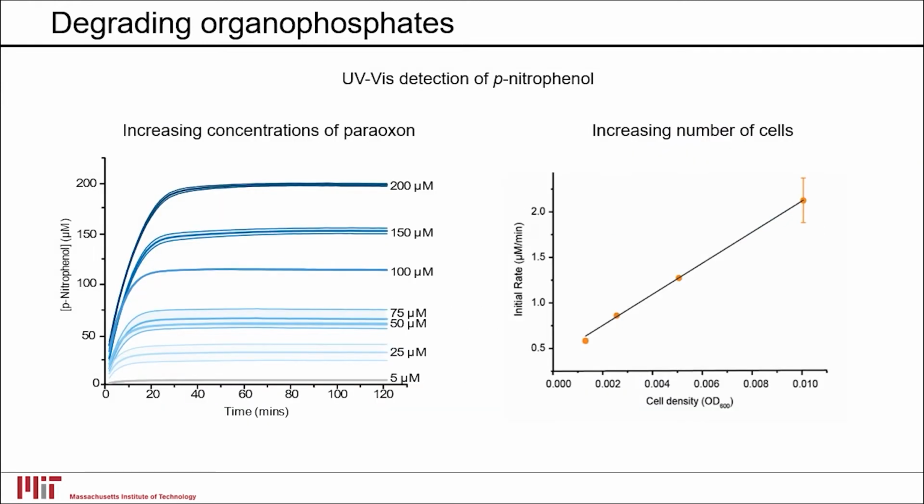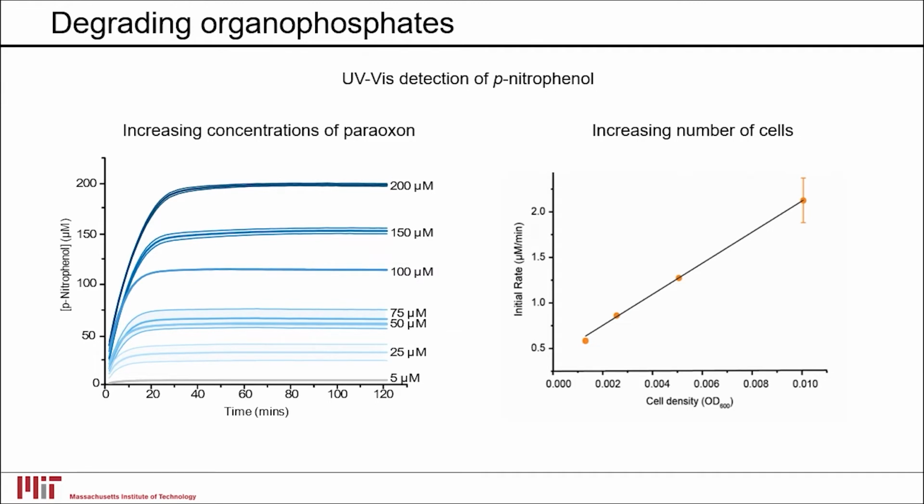But we can see here that using these cells, we can degrade paraoxon to PNP as monitored by UV vis on the y-axis. As we increase the concentration of the initial paraoxon, we increase the concentration of PNP, showing that our cells are catalytic and not the limiting factor here.